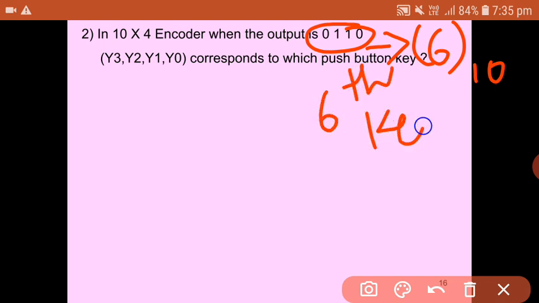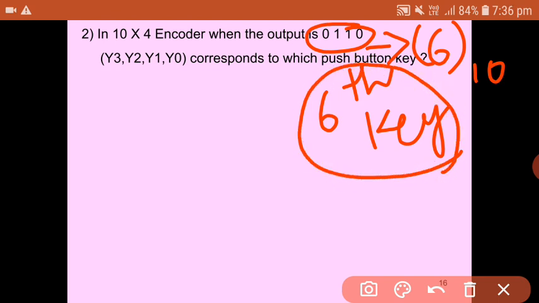Whenever the sixth key is pressed, the output of the 10 by 4 encoder will be 0110. So when the output is 0110, that is Y3, Y2, Y1, Y0, it corresponds to the sixth push button key.